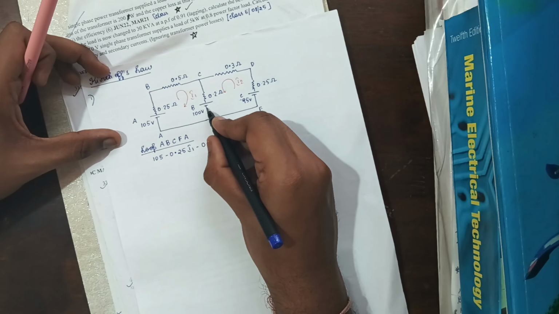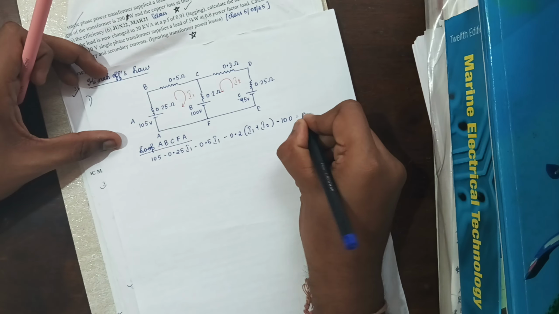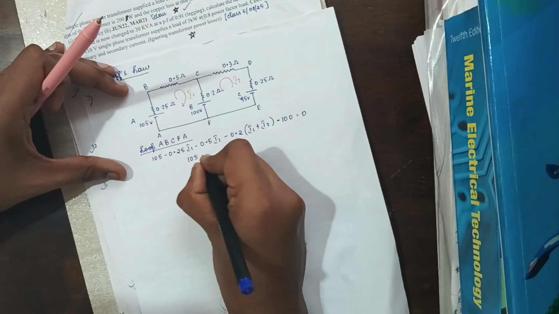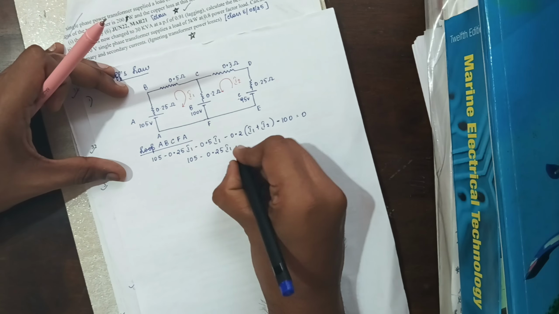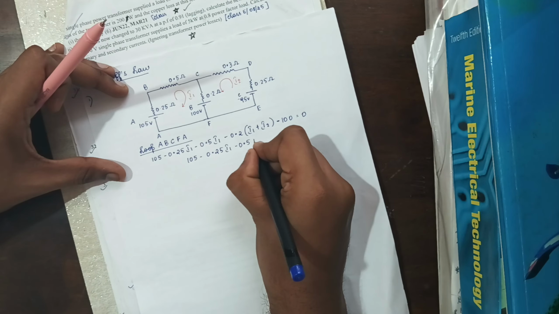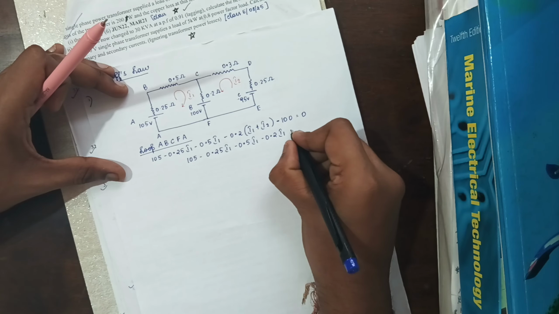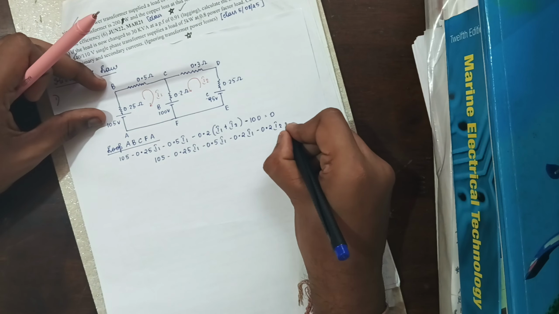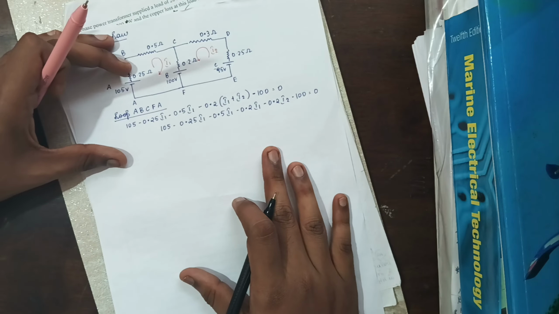Next, positive to negative, so it is minus 100 is equal to 0. So let's solve this equation. 105 minus 0.25 I1 minus 0.5 I1 minus 0.2 I1 minus 0.2 I2, if you remove the bracket, and minus 100 is equal to 0.